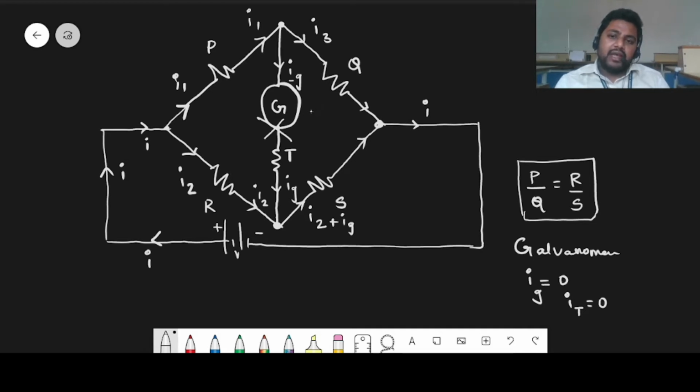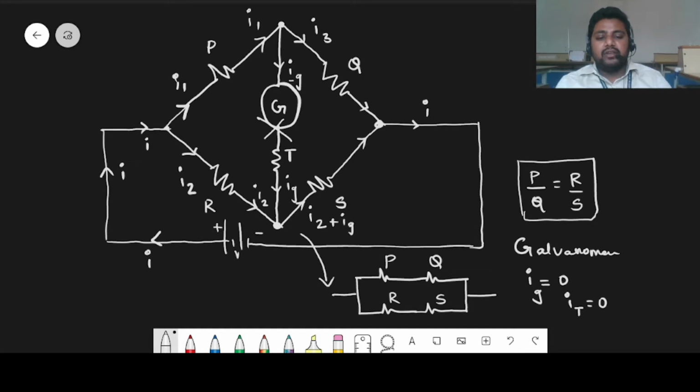So that means you can redraw the circuit in this form. This is your P and this is your Q, R and S, they are connected. P and Q are connected in series and R and S are connected in series. You can further solve this equation to get the final result.